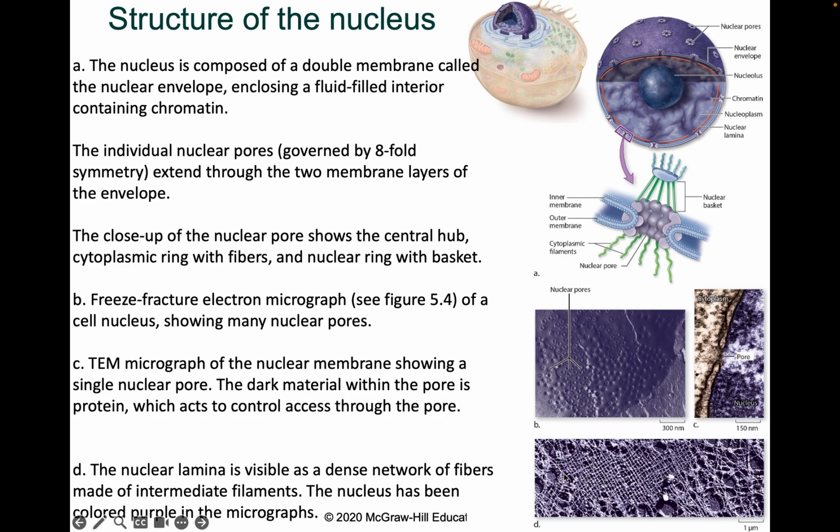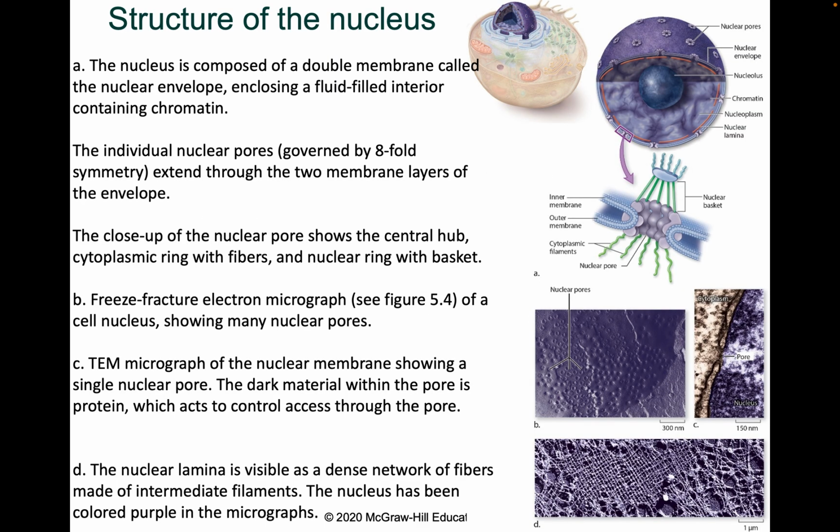This is what these are. These are called the nuclear lamina, which are literally a network of fibers that help the nucleus keep its nice spherical structure. So that's what a nucleus looks like.